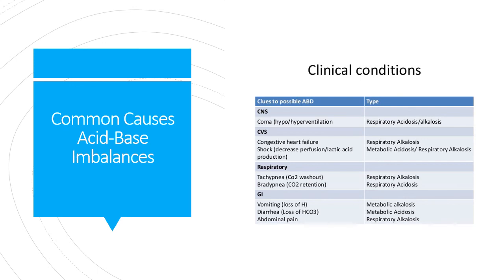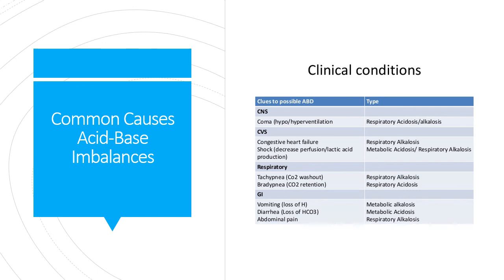Congestive heart failure can result in respiratory alkalosis. Shock, decreased perfusion, and lactic acid production can contribute to either metabolic or respiratory alkalosis. The respiratory system, with tachypnea, CO2 washout, you would have a respiratory alkalosis. With low respiratory rate or CO2 retention, you would have a respiratory acidosis.